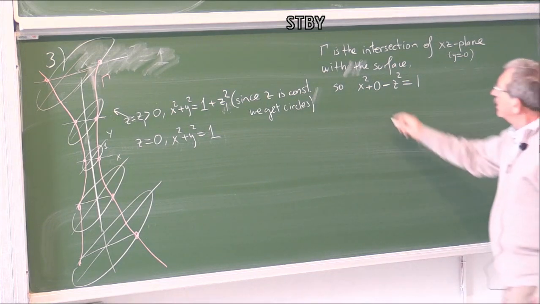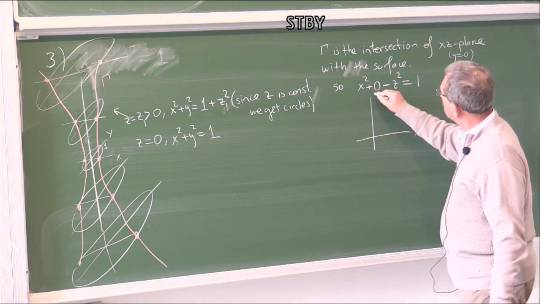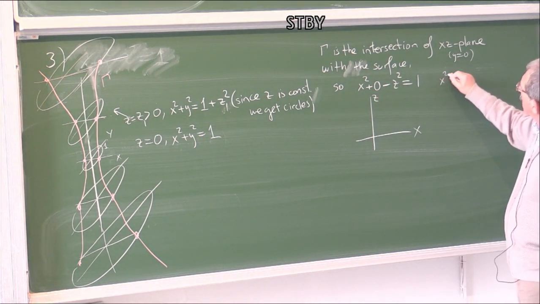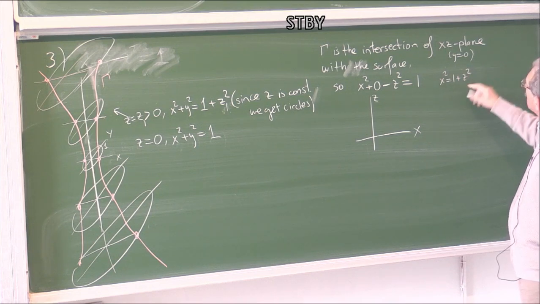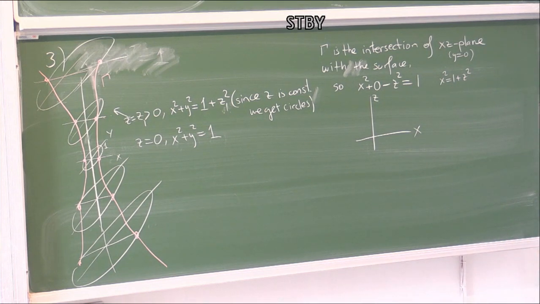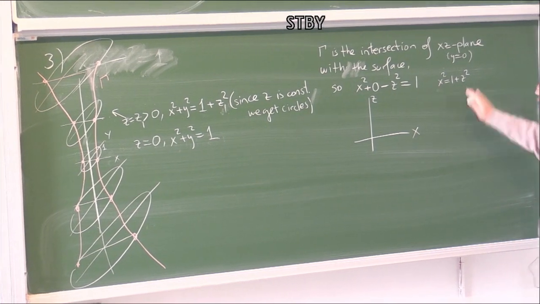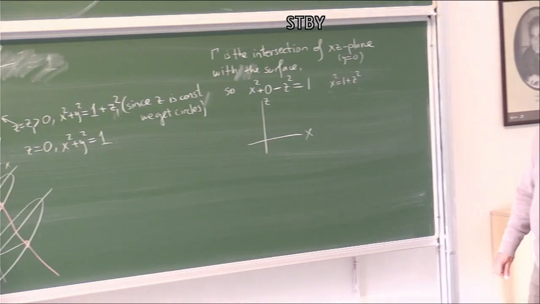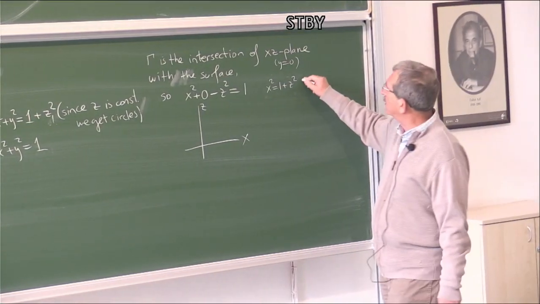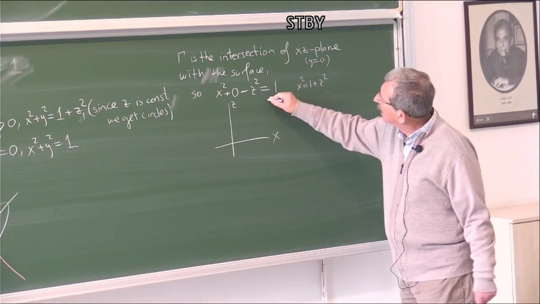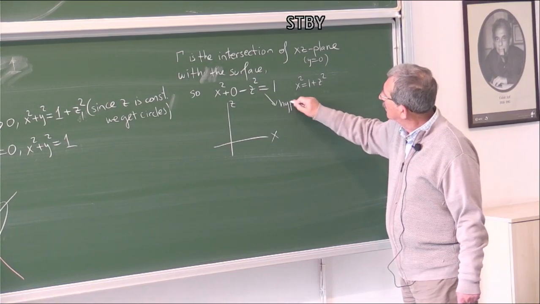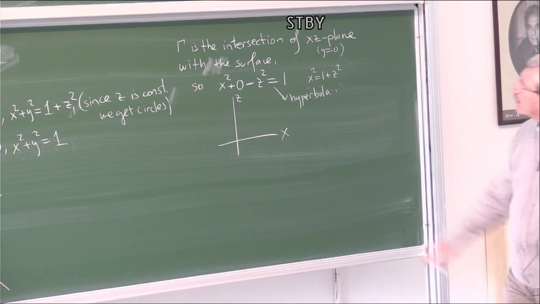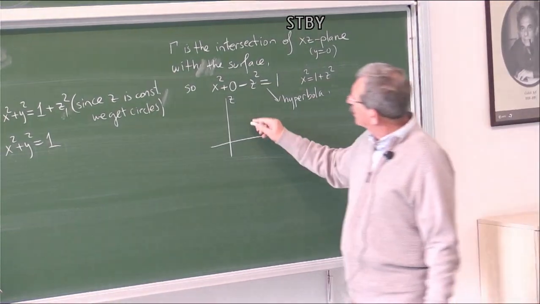Now, in the zx plane, this tells us that x squared is 1 plus z squared, so x cannot be smaller than 1 in the first place. We recognize this as the equation of a standard hyperbola. Because x cannot be smaller than 1, it looks like this.